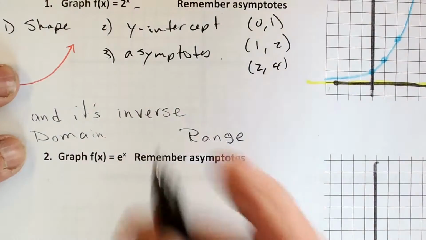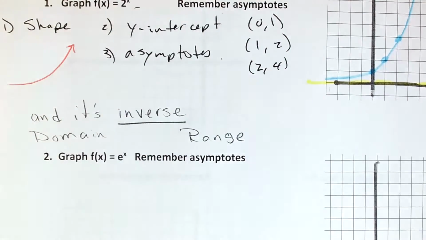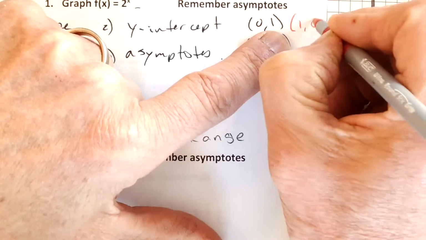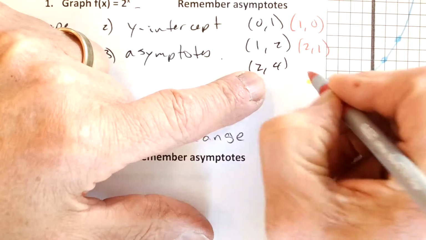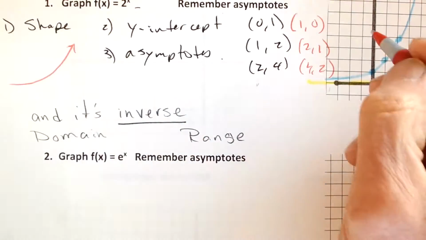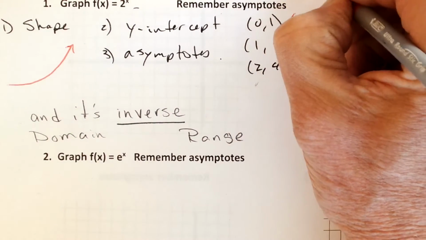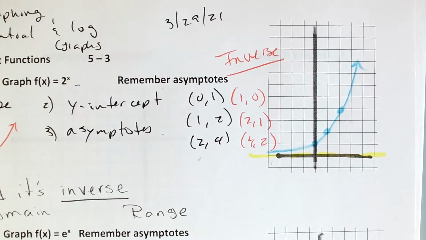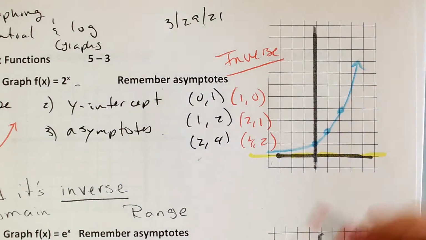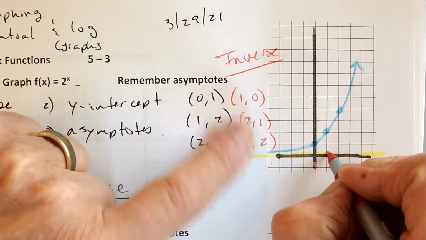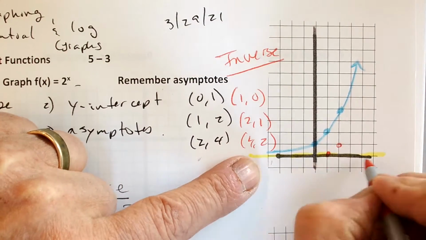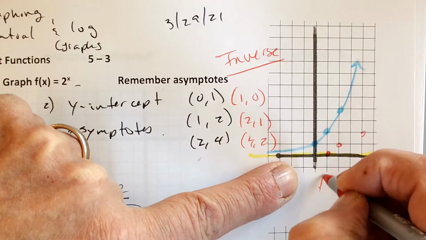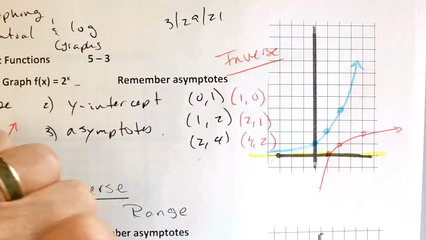Now, I want you to take a look at the inverse. The inverse is just, if we flip these points around, we'll have points at 1, 0, 2, 1, and 4, 2, right? If we want the inverse, the easiest way to get it is I just flip the points around. And we looked at this the other day too, right?